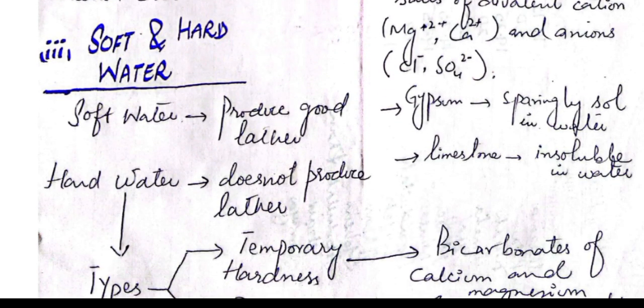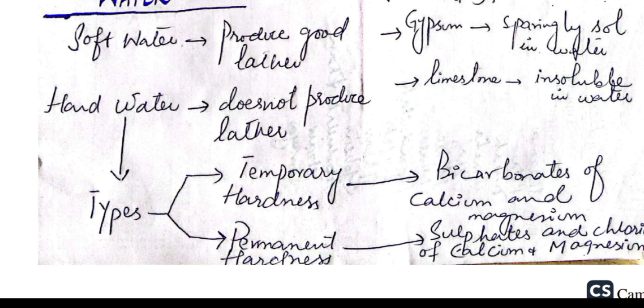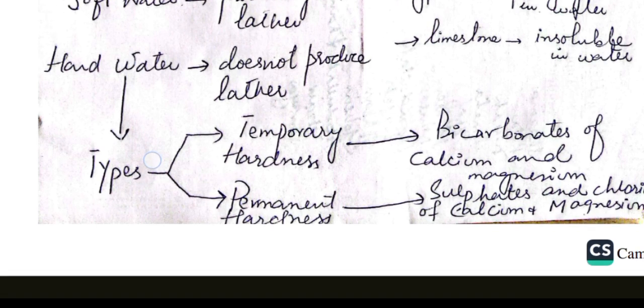The next topic is soft and hard water. The water which produces good lather with soap is known as soft water, and the water which does not produce lather with soap is known as hard water. Hard water is of two types: temporary hardness and permanent hardness.